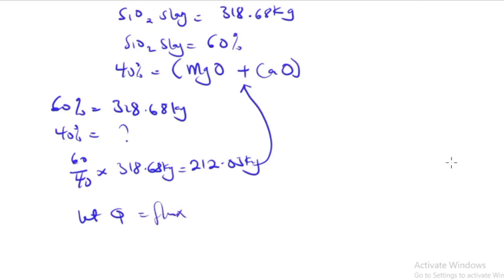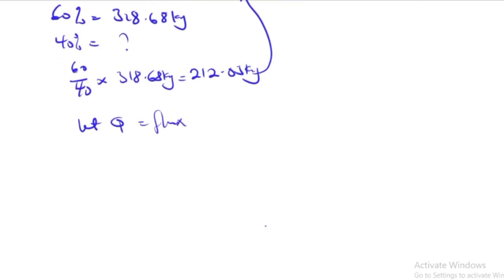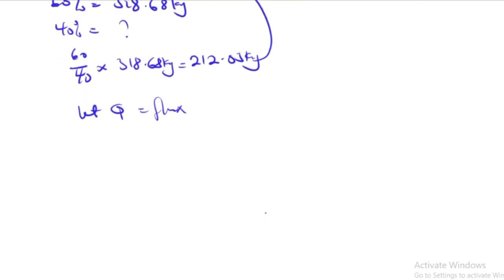For the Q, which is the flux, when you find the compositions of the magnesium oxide and the calcium oxide, you need to use mass of unknown over mass of known. We are using calcium carbonate and magnesium carbonate in this case.